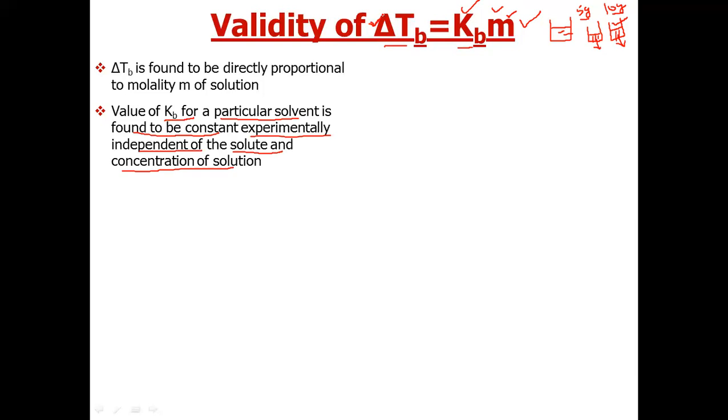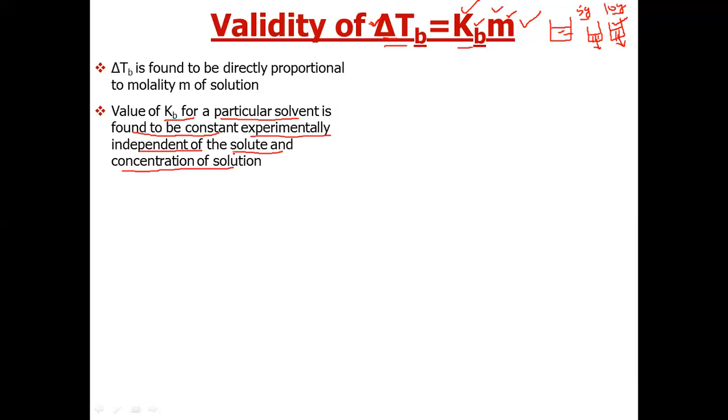Now from these values, we can calculate m. Delta Tb we have noted experimentally. So Kb we can calculate as delta Tb divided by m. If for both these experiments Kb comes out to be constant, then we will say our relation is true. It has been observed experimentally that if we take a solution of any concentration, Kb remains constant.